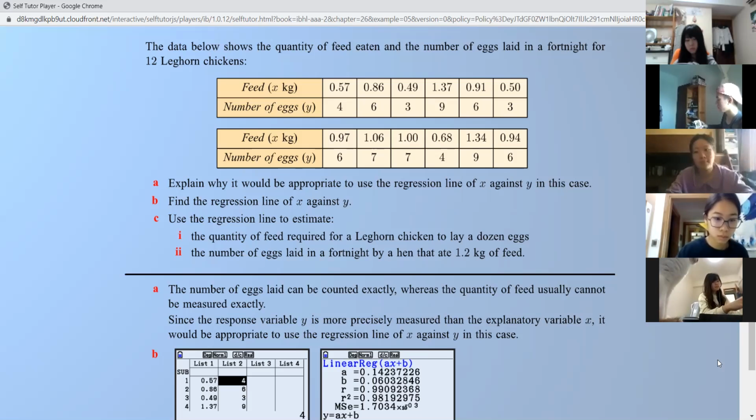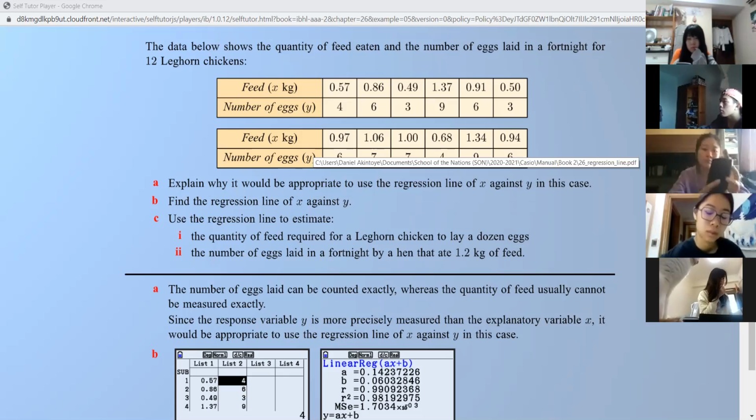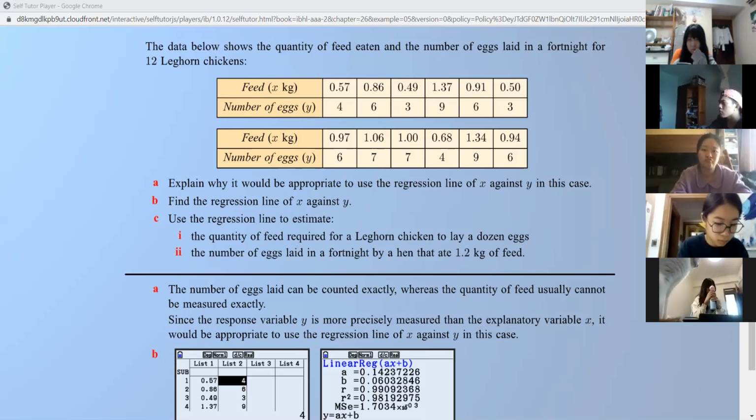Are you there? I think I used something wrong on this calculator, so I'm trying to find it. Okay, entered. Yeah, I'm there also.